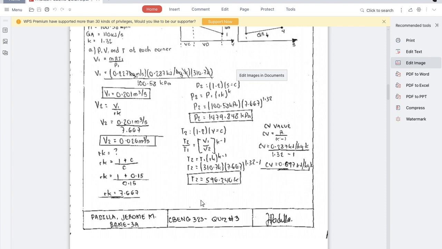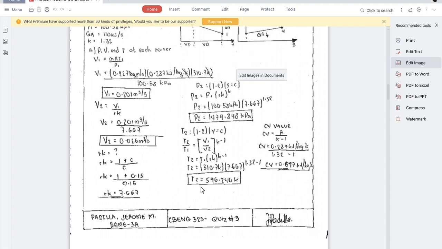The formula for T2 is T1 rk raised to k minus 1, or 310.7 K multiplied by 7.667 raised to 1.32 minus 1. The final answer is 596.240 K.